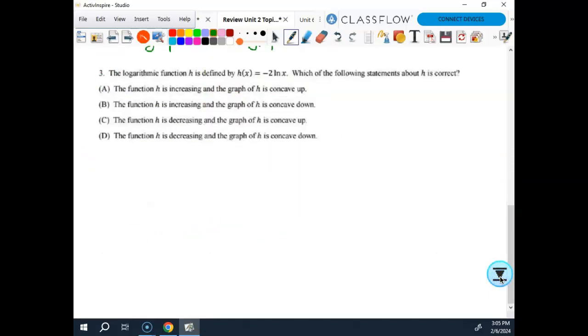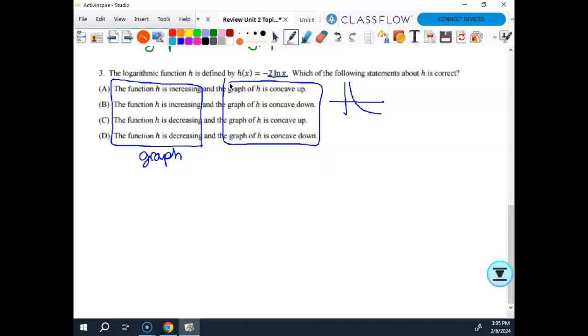All right, so the logarithmic function defined by h of x, which of the following statements is true? So ignoring the negative, we know what the natural log looks like, then it's going to reflect in the x-axis, so this is what it looks like, right? And so then I can separate these up again. The function is decreasing, so this is the graph itself, and the graph, again, is concave up or down.